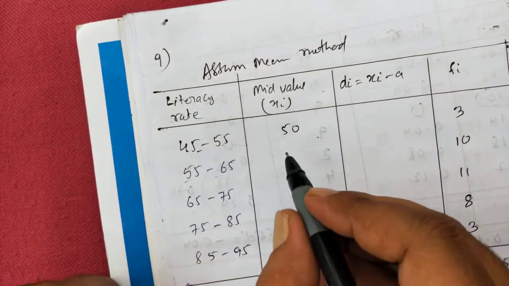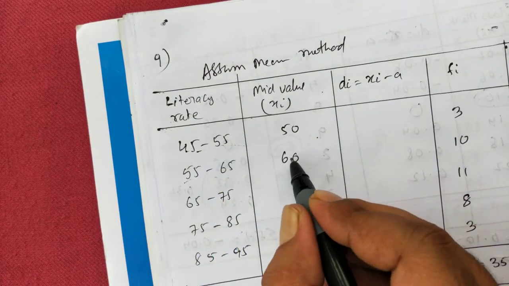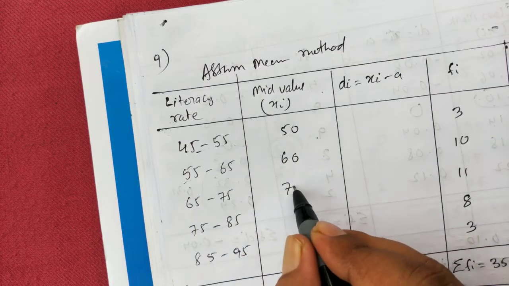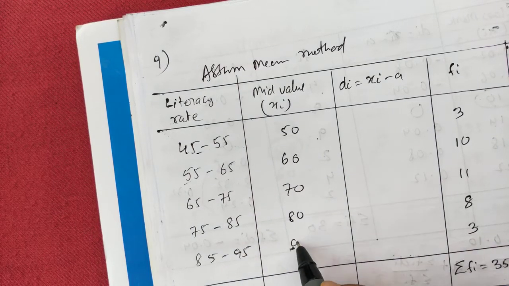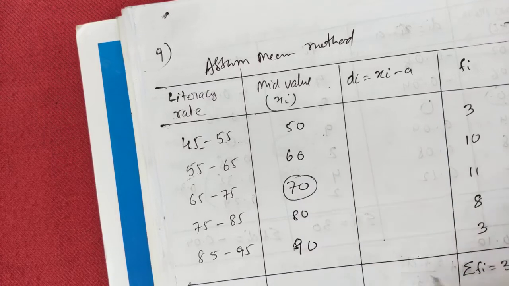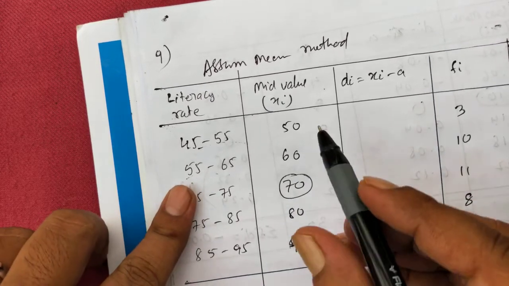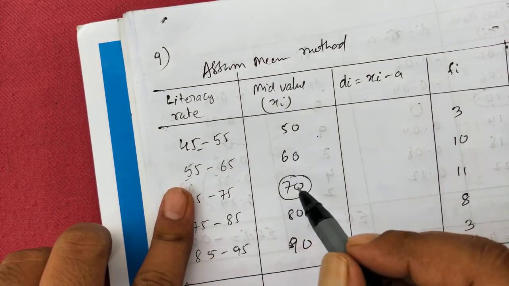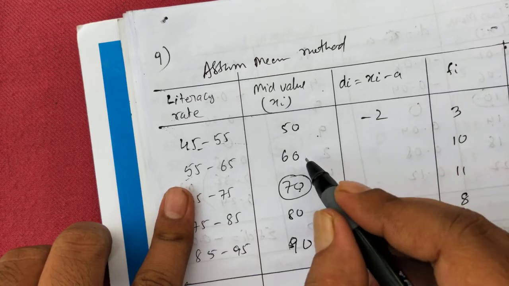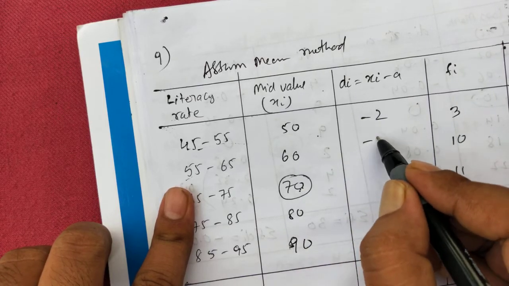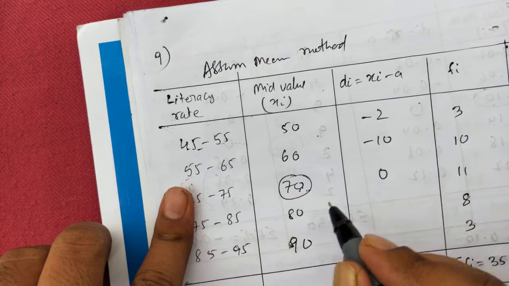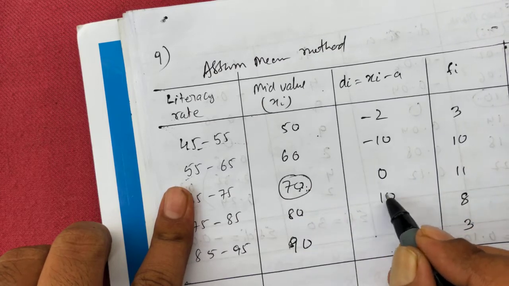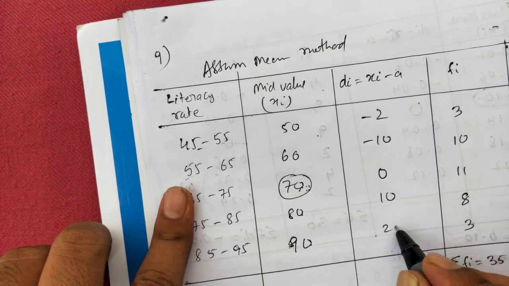You can add and divide by 2, no problem, you'll get the same thing. 60, 70, 80, 90. We'll select this as the middle. So every time we have to subtract 70. 50 minus 70 is minus 20. This will be minus 10. 70 minus 70 is 0. 80 minus 70 is 10. 90 minus 70 is 20.